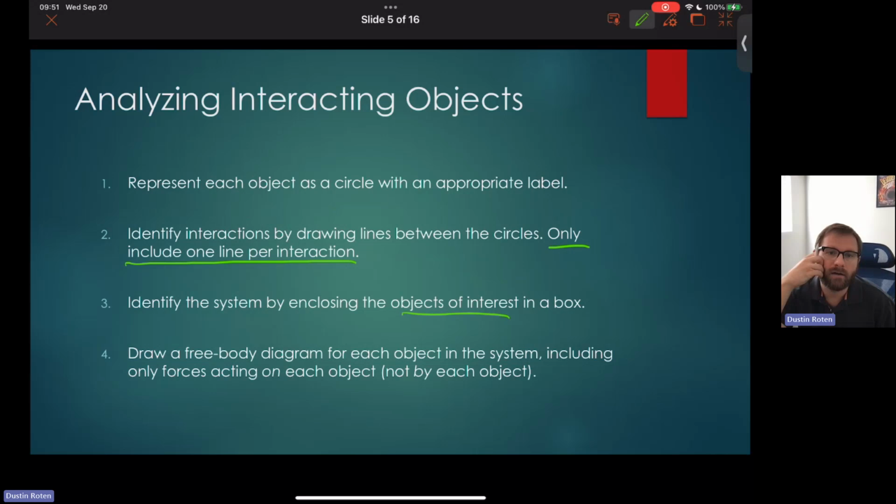Finally, we take these diagrams and convert them into free body diagrams. Each object gets its own free body diagram, and you'll want to include only the forces acting on each object, not by each object. That'll be more clear in just a second.